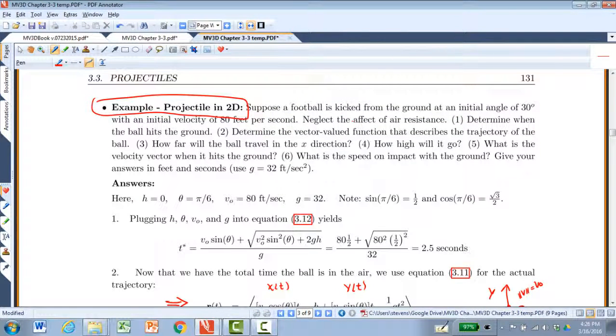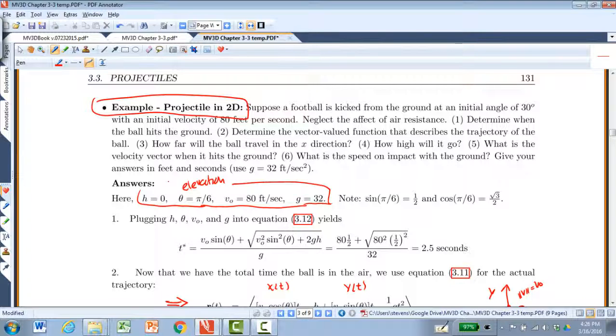In this one, we had an initial height of 0, an angle of elevation of pi over 6, and an initial velocity of 80 feet per second. We use the English system, 32 feet per second squared for the acceleration.